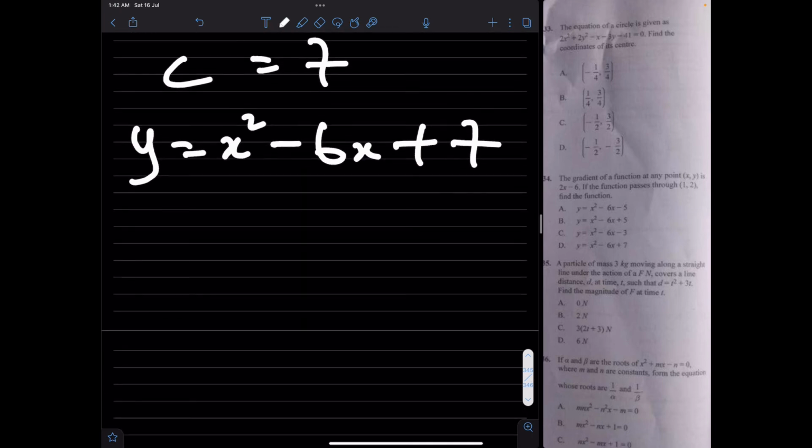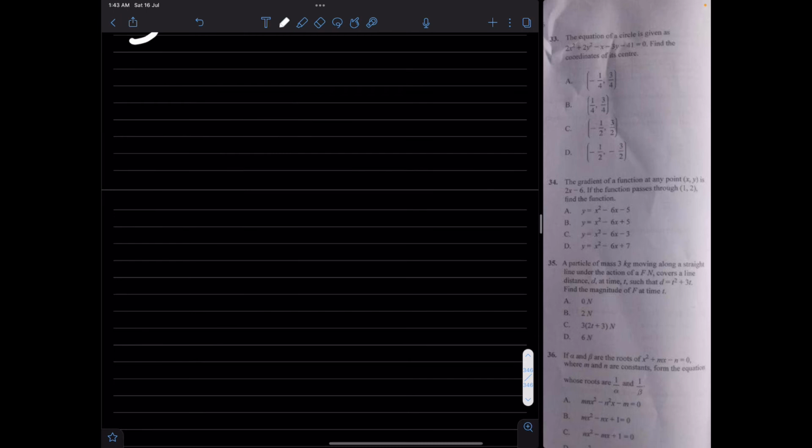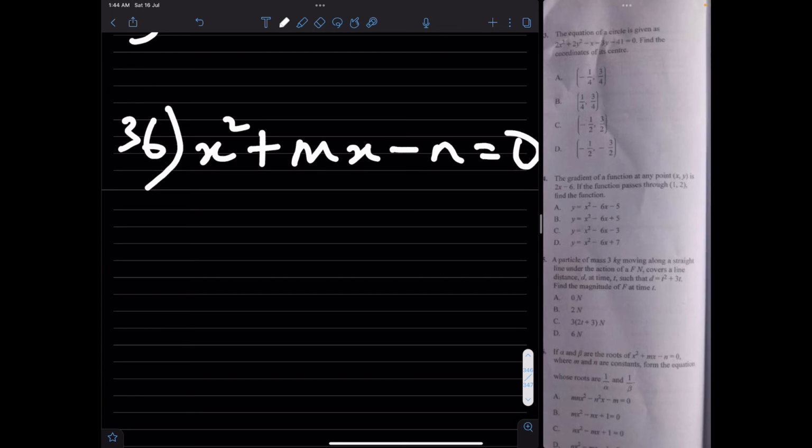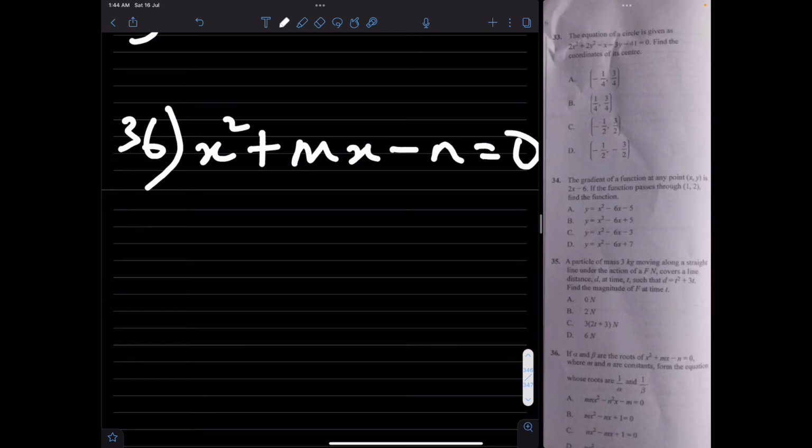Now we go straight to the next, number 36. If alpha and beta are the roots of the equation x squared plus mx minus n equals 0, where m and n are constants, form the equation whose roots are 1 over alpha and 1 over beta.